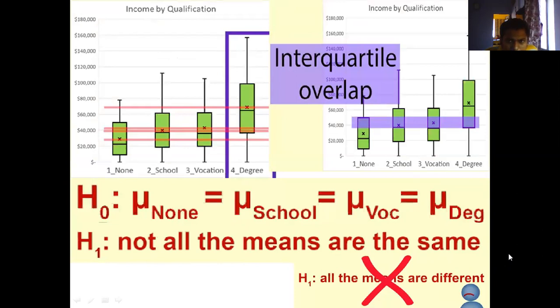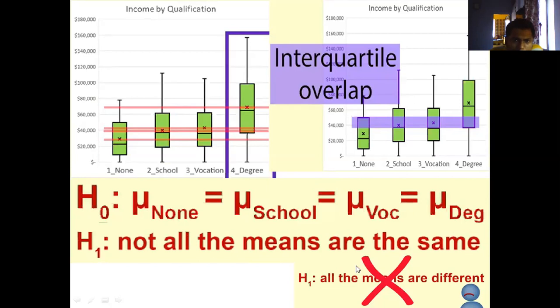Now, why am I giving this example? Because suppose the null hypothesis gets rejected, then the alternative hypothesis will tell you that there is enough evidence that all the means are not the same. But it doesn't mean that all the means are different.